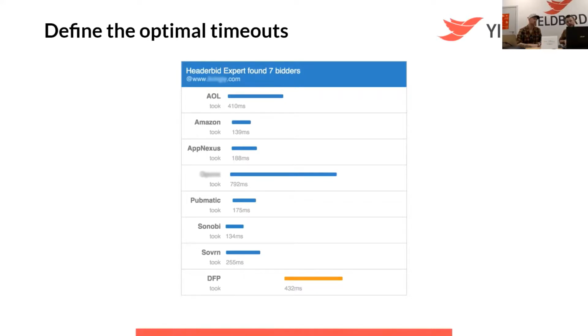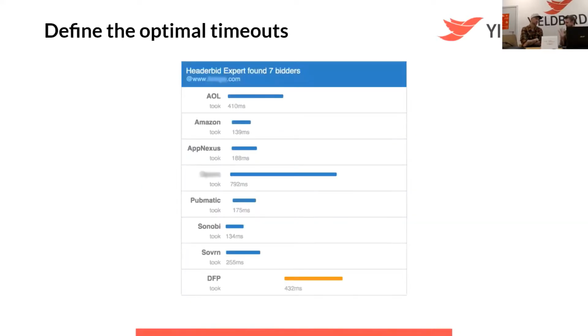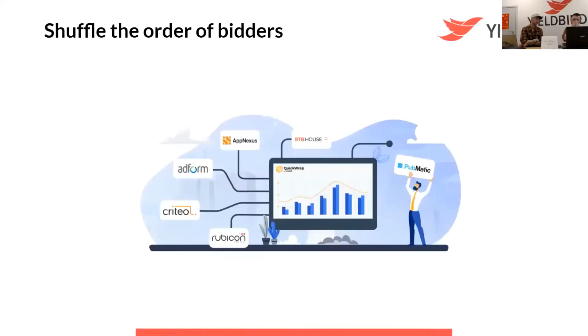The next thing is shuffling the order of bidders. In general, the idea is that they are called at the same time. They should respond within the times that we saw here. In theory, the order shouldn't be that important.